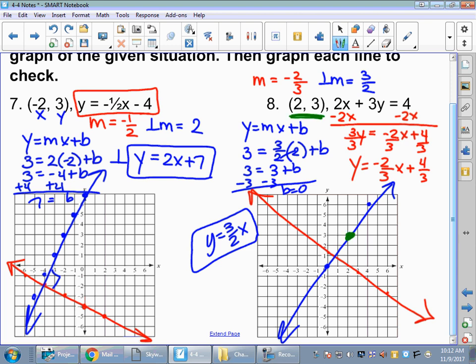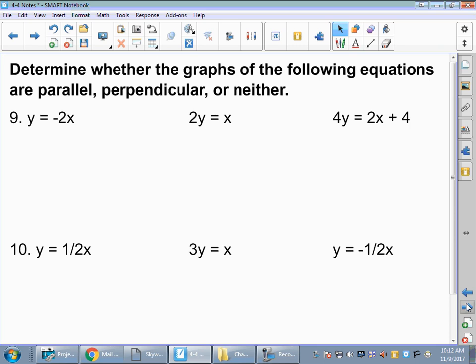There's lots of lines that are perpendicular to the red line, but only one of them goes through the point 2, 3. It goes through the point that they asked us it should go through, and it's also perpendicular to that line.